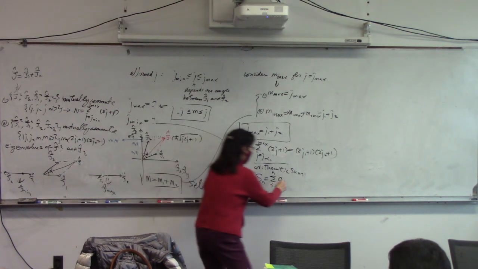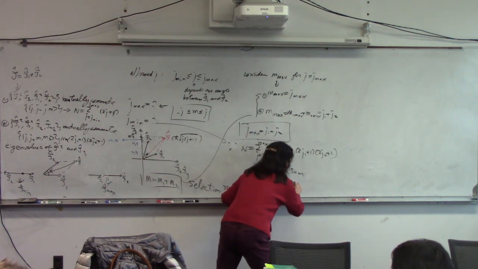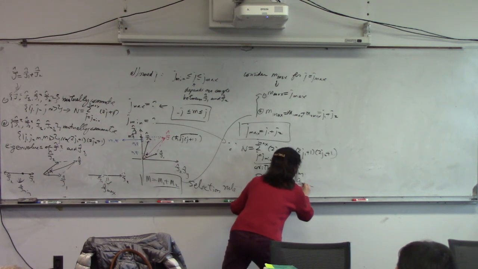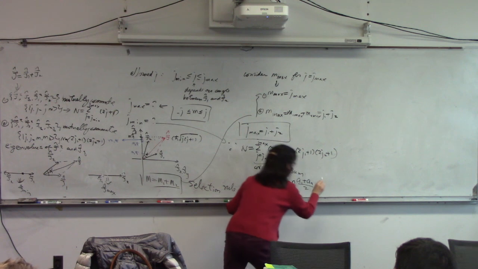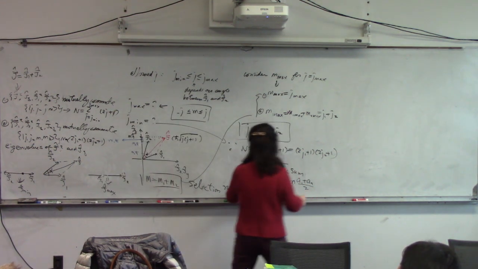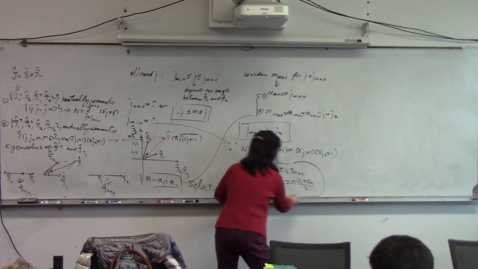In this case, that equals n, the total number of terms, times a1 plus an, divided by 2, right? That is this formula. So now we are going to use it.